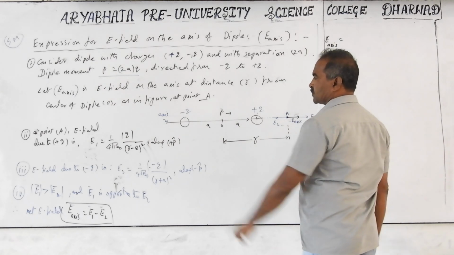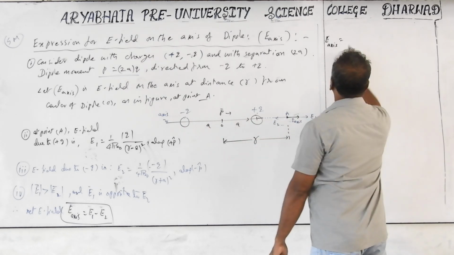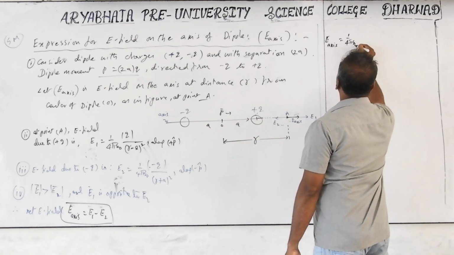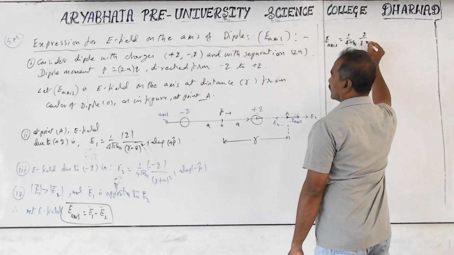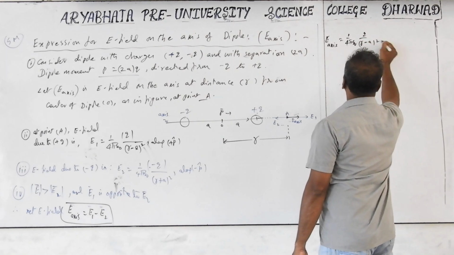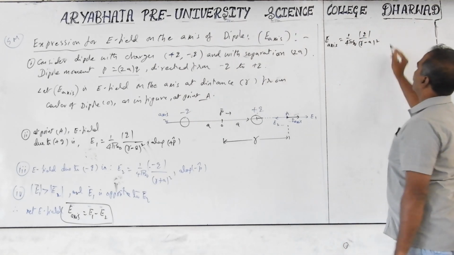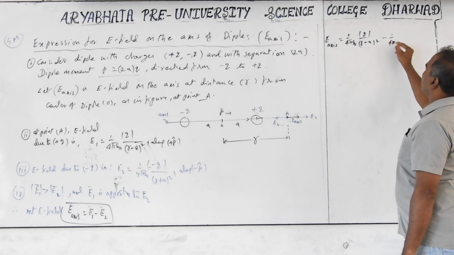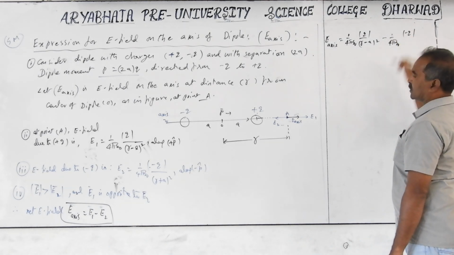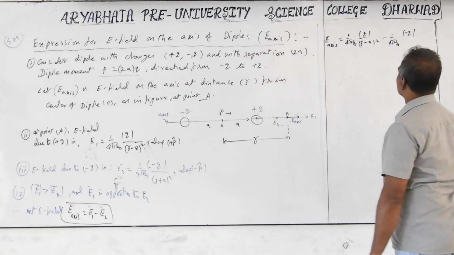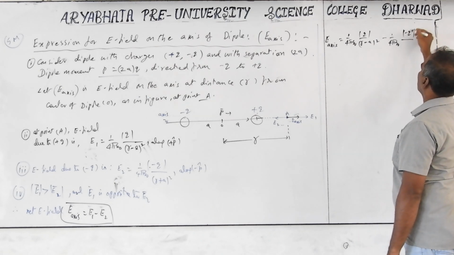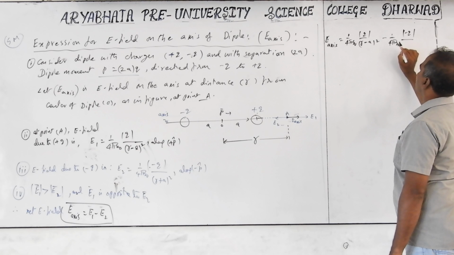E1 minus E2. So the value of E1 is 1 by 4 pi epsilon naught into q by r minus a whole square, minus 1 by 4 pi epsilon naught into minus q modulus. Minus q modulus also becomes plus q. Modulus, if you are taking magnitude, you don't consider this negative sign anymore.